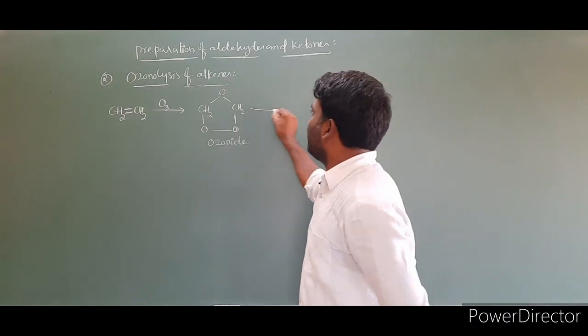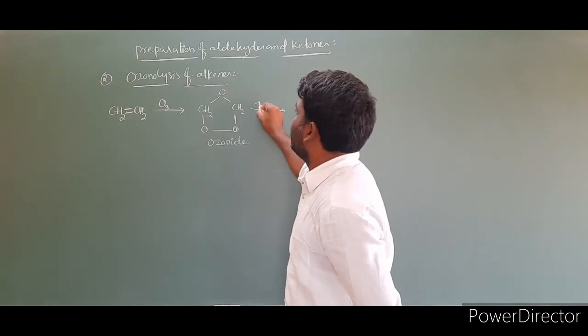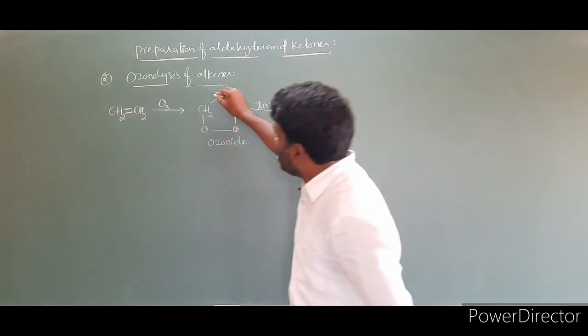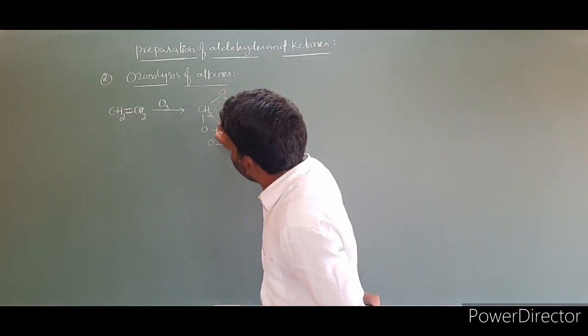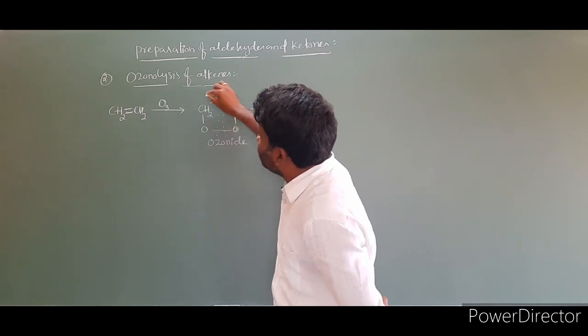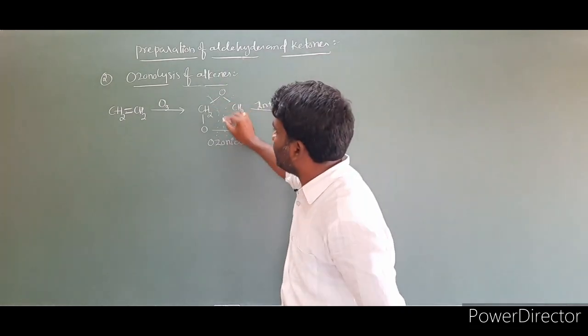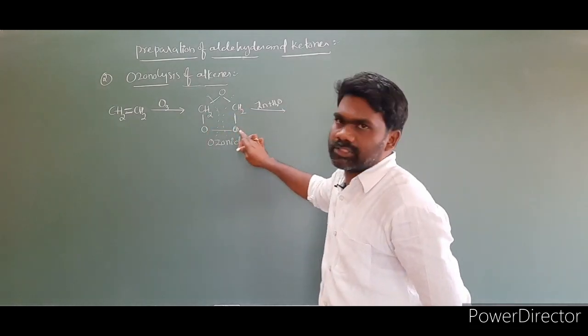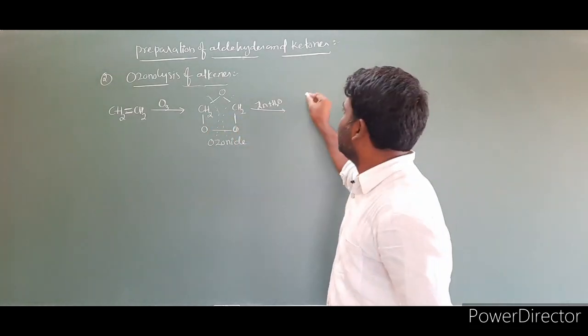This ozonide we have to treat with Zn plus H2O. Then the bonds break like this. Here a bond breaks, here also a bond breaks, and it undergoes cleavage. CH2O, this is CH2O, this is another CH2O. Two molecules of CH2O are formed.